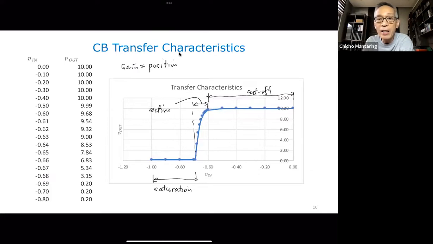Where do you think the gain is larger? Just by looking at the curve. Remember, your gain is your slope. Of course, the gain here is 0, and the gain here is 0. So we only have gain here in the active region. Anyone? Any brave soul?